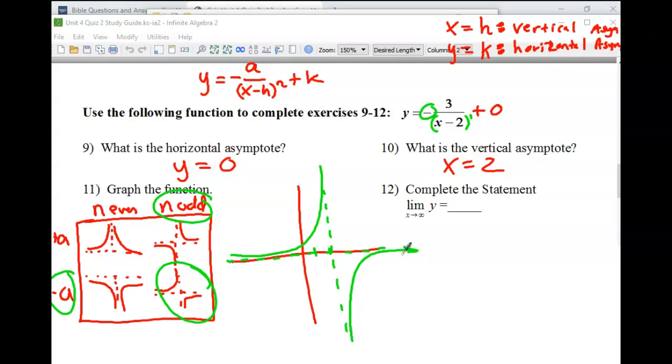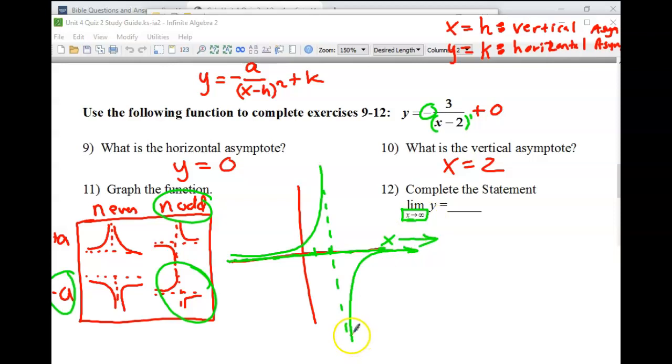Okay, the next question says complete the statement. The limit of y, which means the limit of this function as x approaches infinity, is what? So, just reviewing our function notation, this tells you which way we're going. It says x is going to infinity. This is the x-axis, right? And if I'm going to infinity, that's positive infinity, that means I'm going this way.